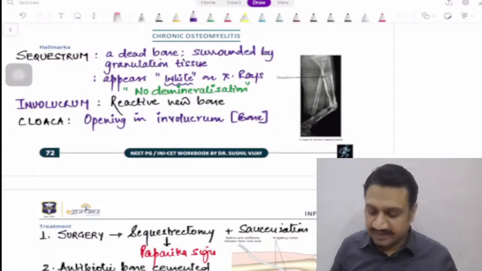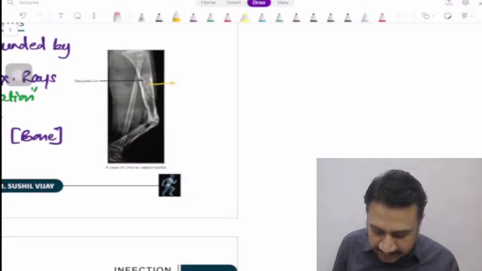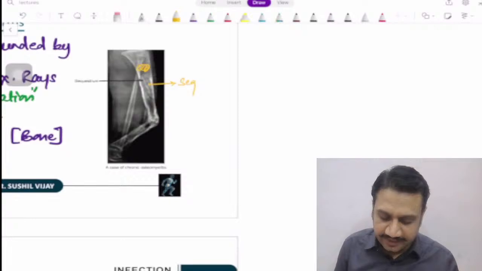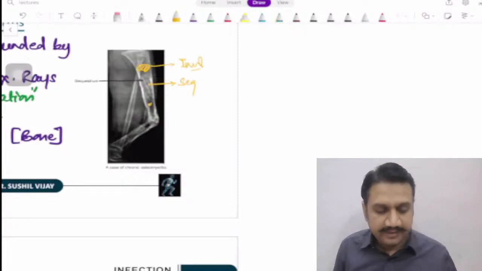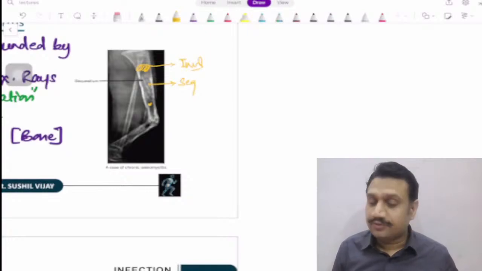Sequestrum has to be this dead piece of the bone. And if you see white shadows all around, then it has to be involucrum, right? Involucrum is always the white bone, all around the sequestrum area.